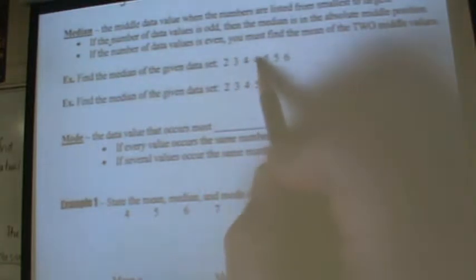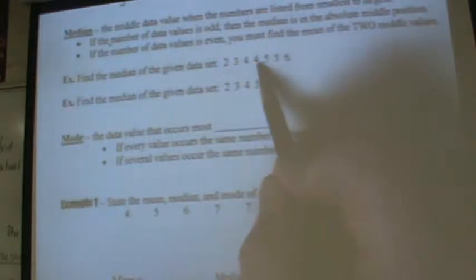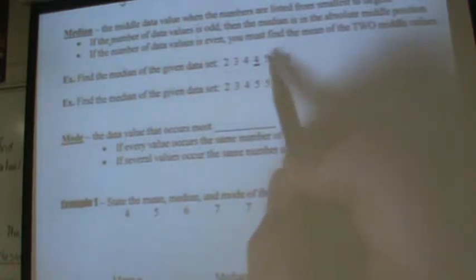In our first example, we need to find the median for this data set, and we have 1, 2, 3, 4, 5, 6, 7 data values. So we have an odd number of data values, so we should be able to find the absolute middle position. Counting in, we have 1, 2, 3, then 4, and 3 on the right side as well.